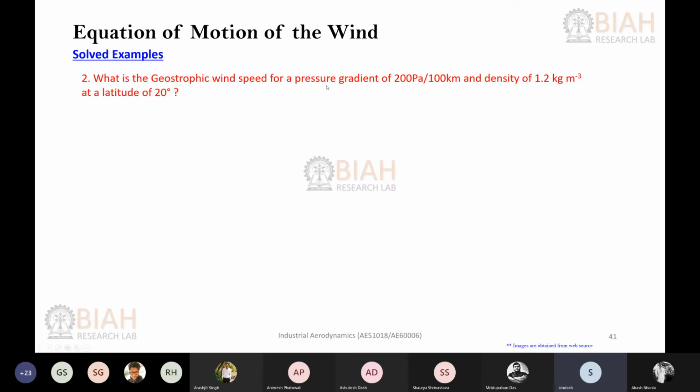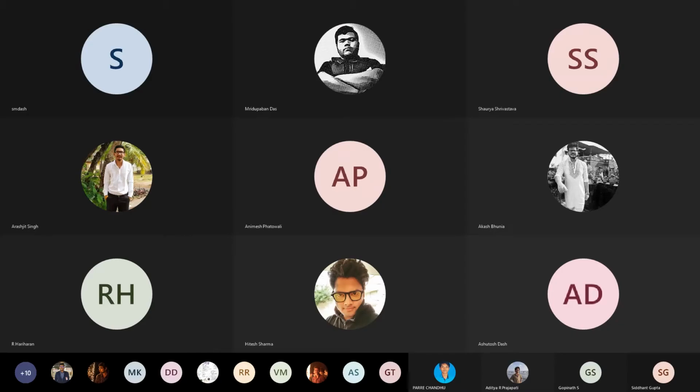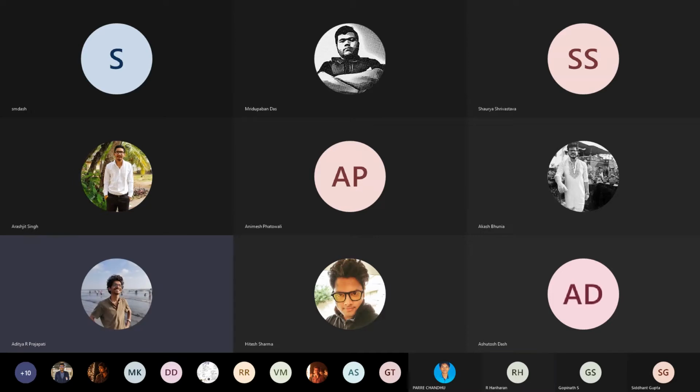What is the geostrophic wind speed for a pressure gradient of 200 Pascal per 100 kilometers, when the density of air is this, at a latitude of 20 degrees? Sir, can you show the question again?